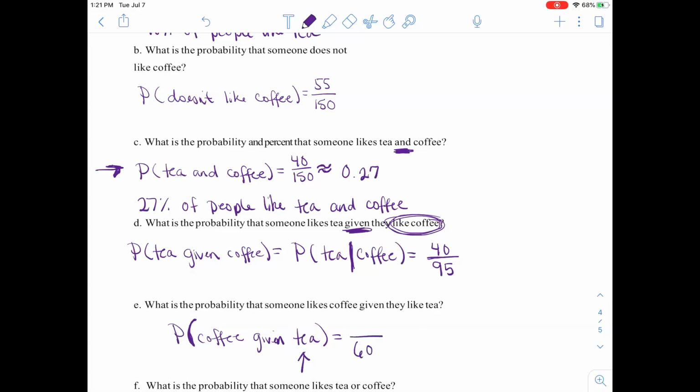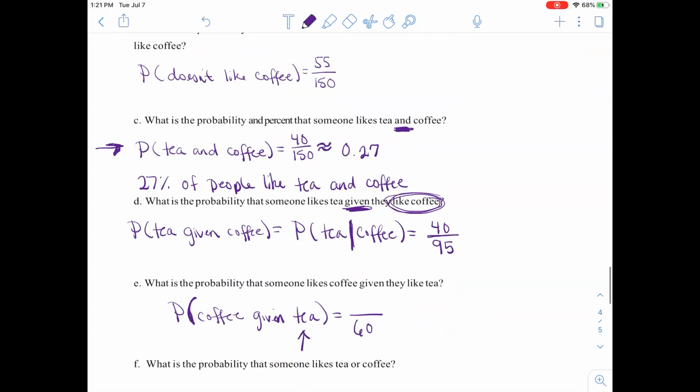Out of those people, how many like coffee? 40. Now, I can say, or I should say, you can leave it like this. You could also reduce this if you wanted to. There is something nice of leaving it like this because then you clearly see how many people we're talking about. Again, just pay attention to the instructions, okay? So it might say reduce your fraction, and it most likely won't, though, because probability, we like to see the full picture.